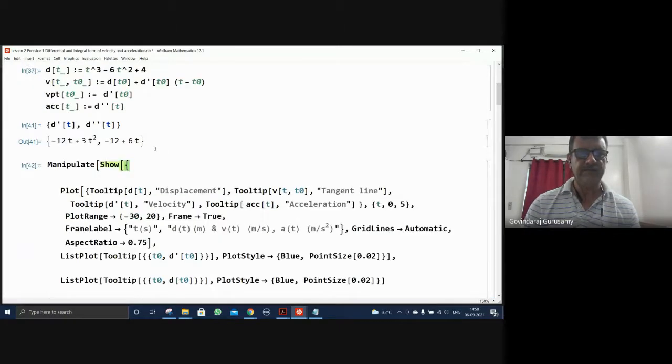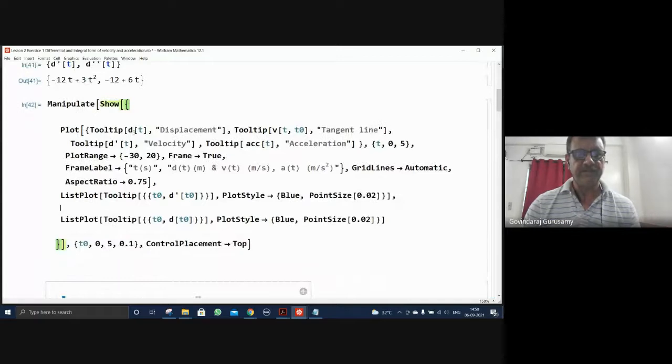Okay, now I think you will appreciate why such variations in the variable should be accommodated when defining the function. Taking the same function and its derivative, the variable is the same, but what I change is t0, where I am plotting t0 as a variable in list form. This is the list: t0, d prime of t0 and d of t0.